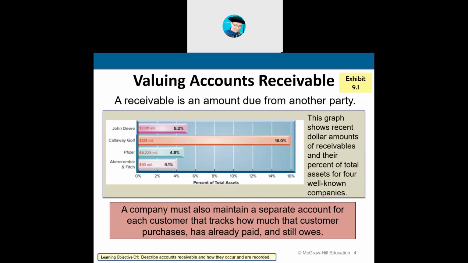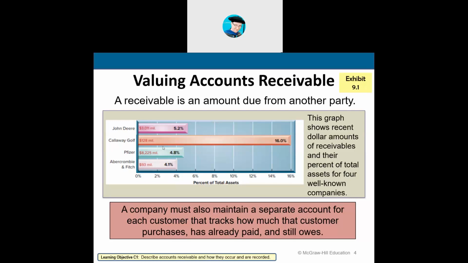John Deere has 5.2%, Pfizer 4.8%, Abercrombie 4.1%. What this shows us is the percentage of total assets that are in accounts receivable. In other words, the rest of their sales that they made are cash. Accounts receivable makes up the other amount of sales, right?